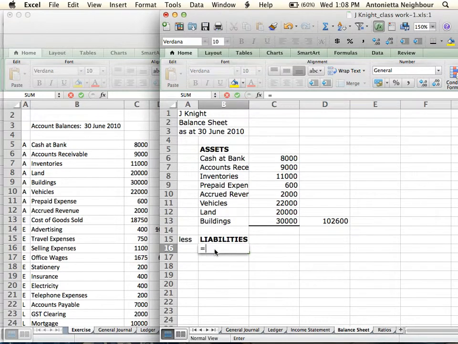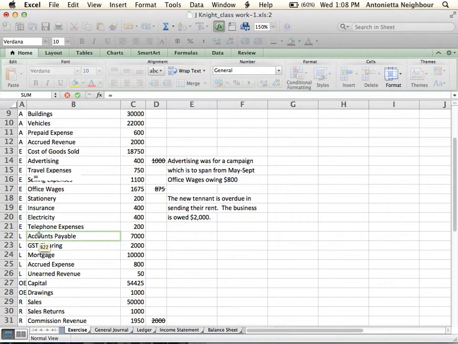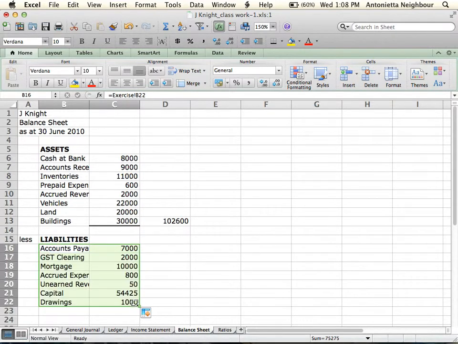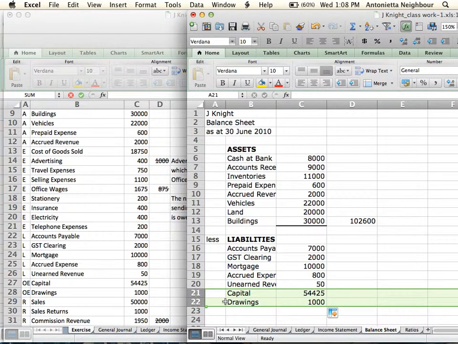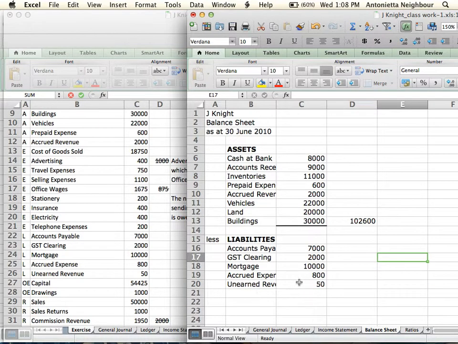And then it's simply just a formula to bring in all my liabilities. Accounts payable is the first one, and again there's a few of them. So I'm going to bring the amount in first, and then bring in the others and get rid of any that aren't a liability.